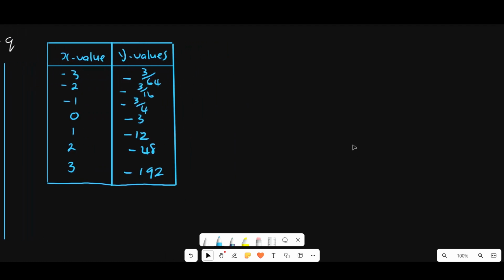Okay, so now let us try to sketch this function here. Now I'm going to draw my Cartesian plane. So you can see I have -3, -2, -1, 0, 1, 2, and then 3. At 0 I have -3, so I have -1, -2, -3. Well, this is not drawn to scale.